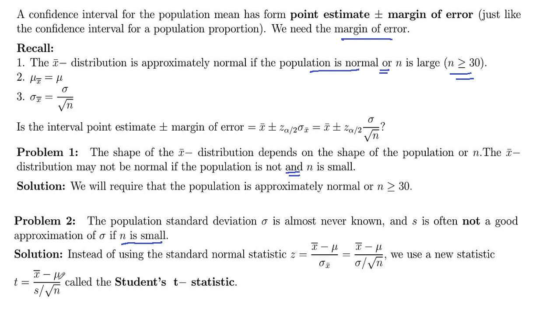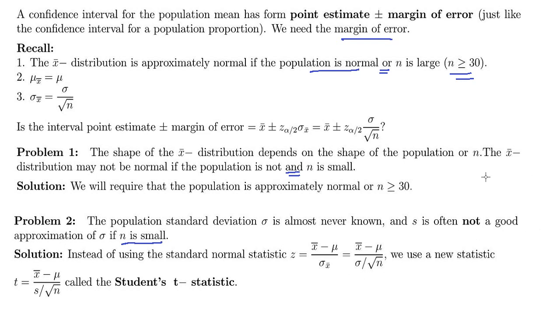It's called the student's T statistic. The difference is that we're using the sample standard deviation when the population standard deviation is not known. So the T distribution is compensating for not knowing the population standard deviation.